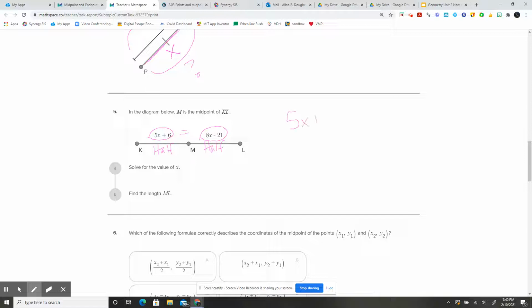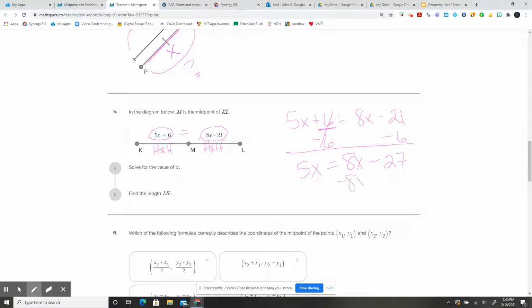So just to be sure we remember how to solve equations, because we haven't really talked about this at all, and I know it's been a minute since many of you have done some algebra. I always subtract my smallest constant first. So I'm going to subtract 6 from both sides. This might not serve me so well now that I'm looking at it, but equals 8x, and then this is going to be minus 27.